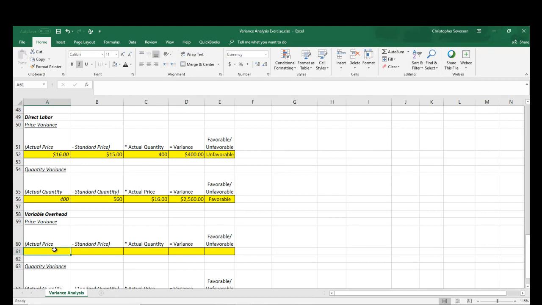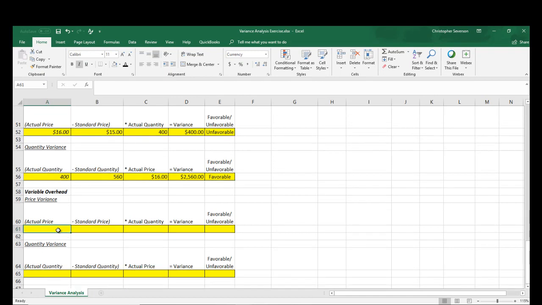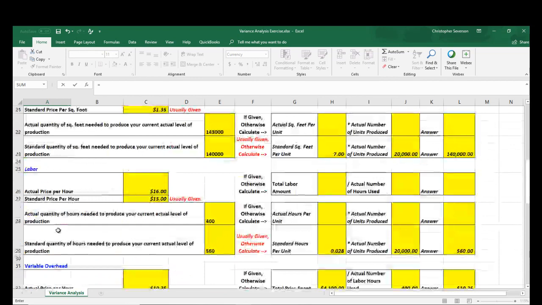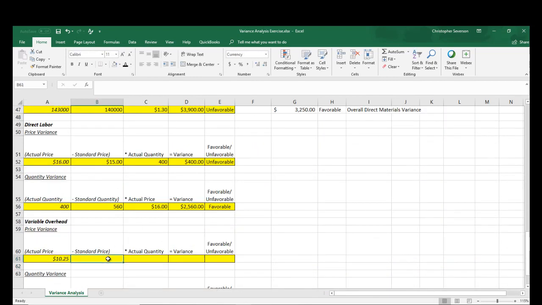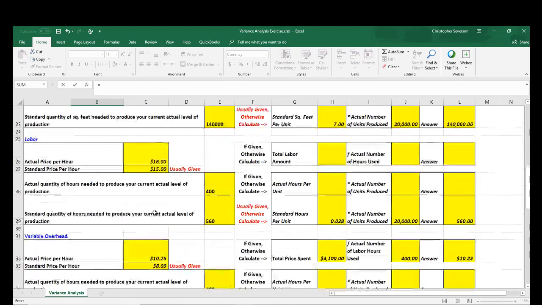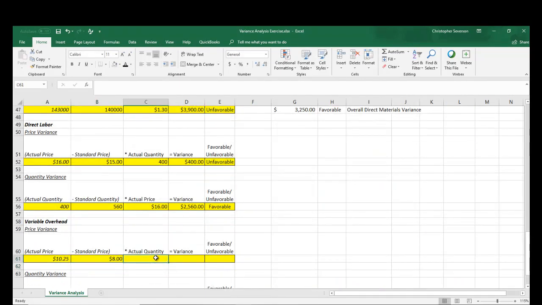And now we get into the variable overhead variances. The price variance, I'm going to go back up here. Actual price. Standard price. Actual quantity, which is the same as the actual quantity from up above.